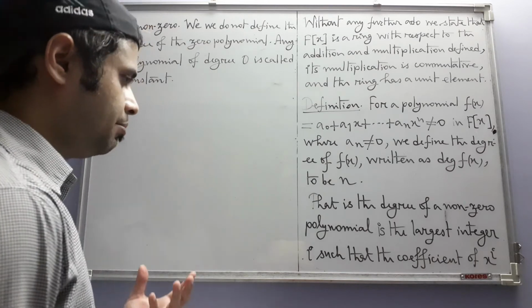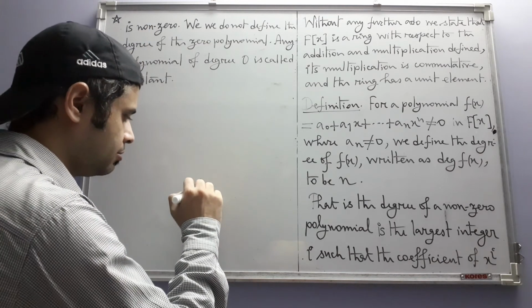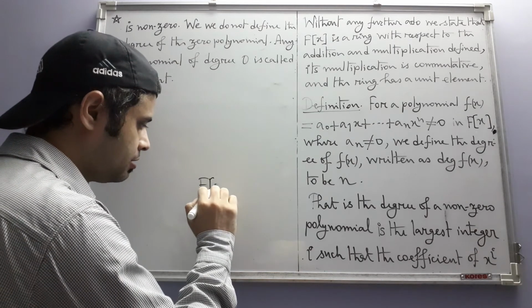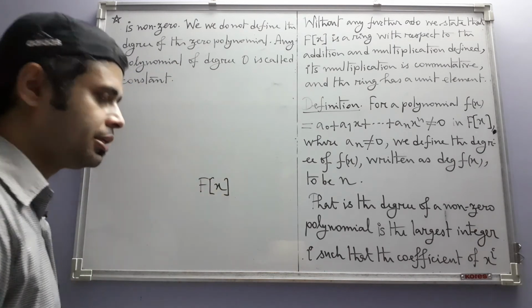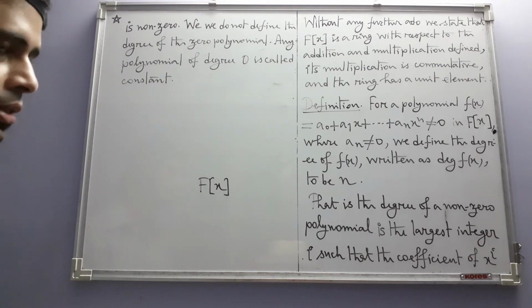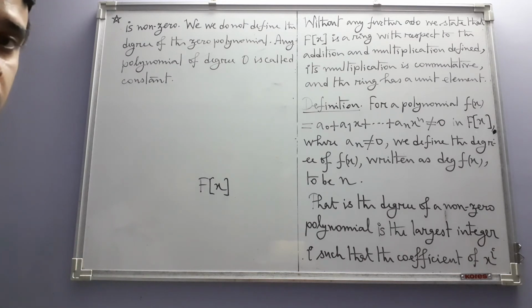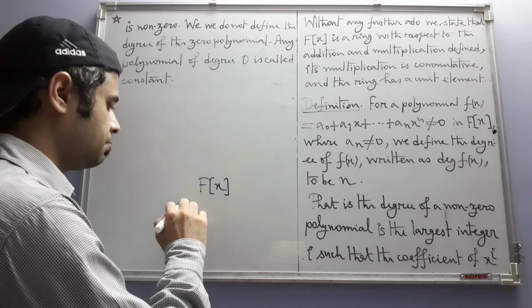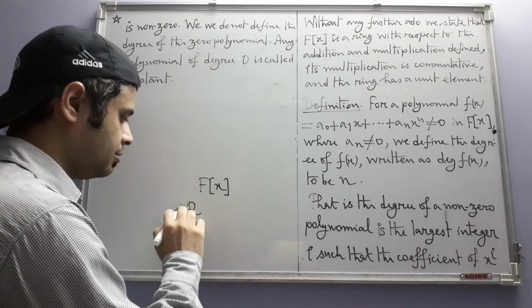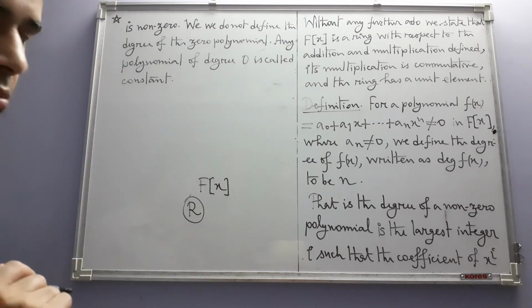Now our main aim is to show that eventually this F[x] is not only a commutative ring with unit element, but much more. It is in fact an integral domain, and even more than that, it's a Euclidean ring. Now you already know that to prove that a ring is a Euclidean ring, first of all it has to be an integral domain.